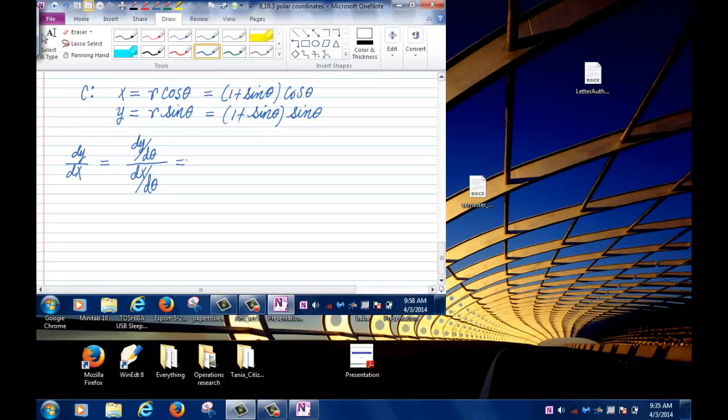So what is this quantity? What is dy/d theta? I have to find the derivative of y with respect to theta, right? And by using the product rule, what do I get? Did we get this? Plus cosine theta times sine theta, right?